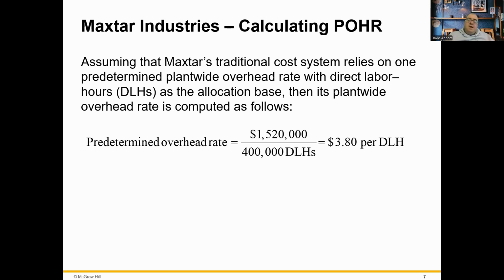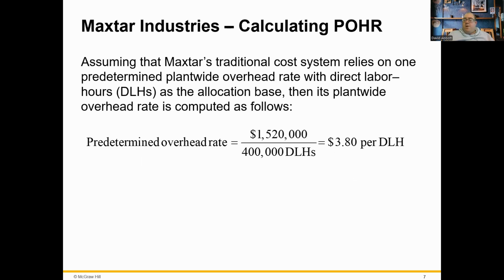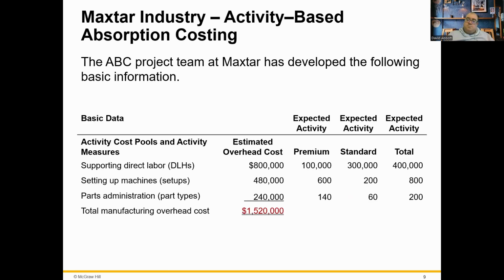They take the $1,520,000, which is the estimated overhead cost, divided by the direct labor hours, and that's how they get $3.80 for the predetermined amount for the overhead. And then we see here how, again, that's broken down.